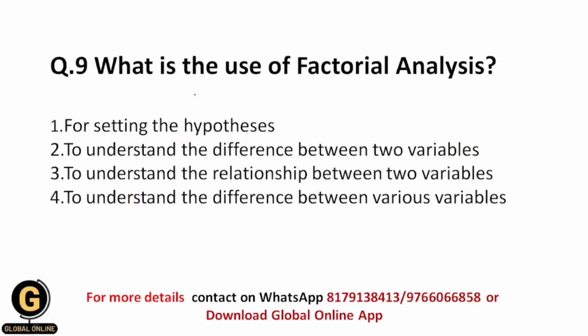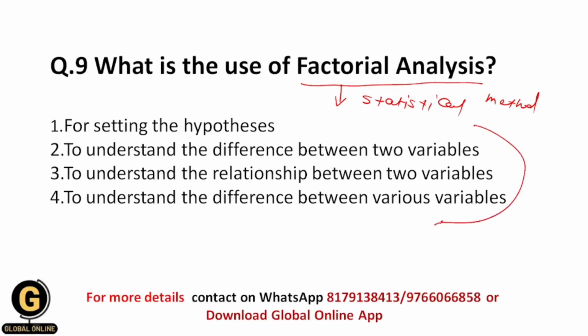Now students, in this question they have asked what is the use of factorial analysis. Before going to this topic, we will see what factorial analysis means. Factorial analysis is a statistical method in which we assess the variability between two variables in terms of factors, and that's why the name is factorial analysis.